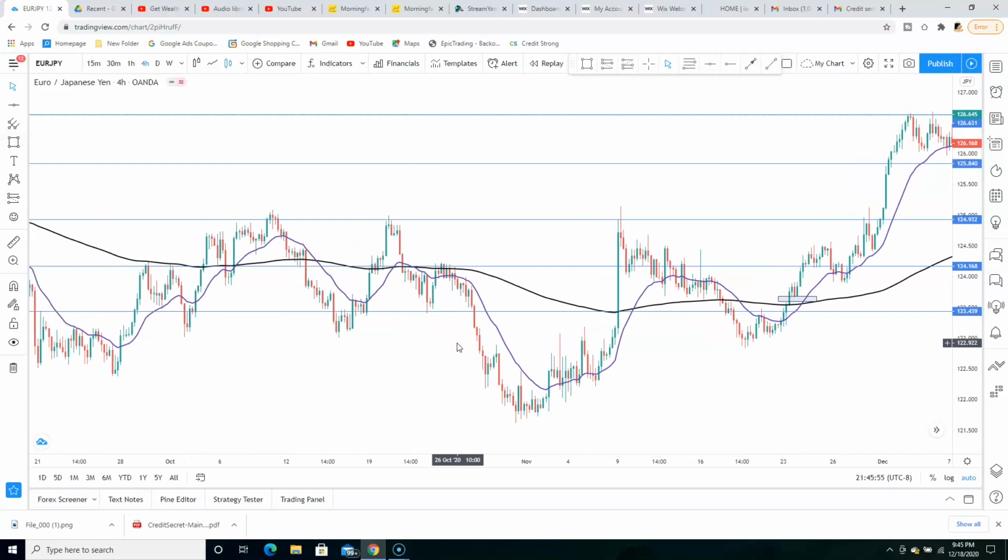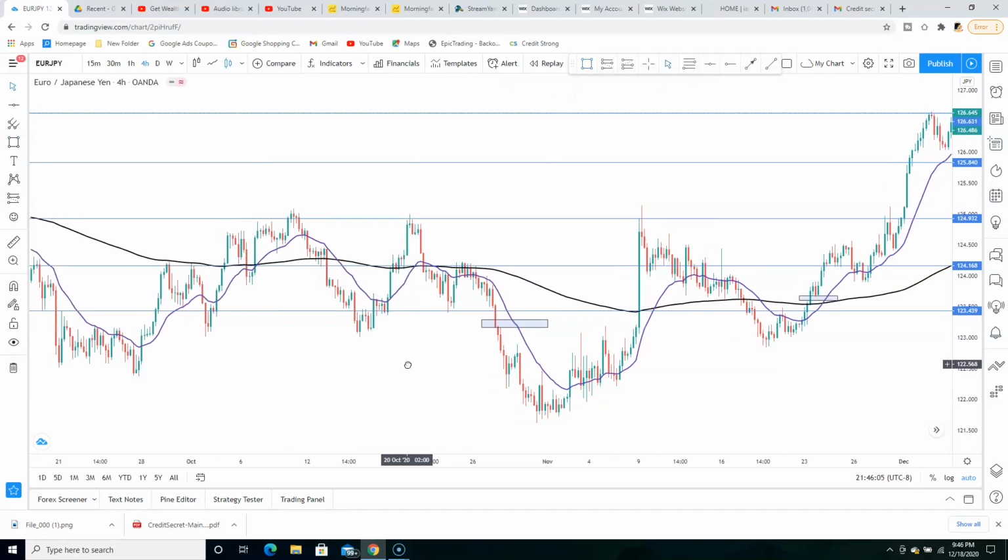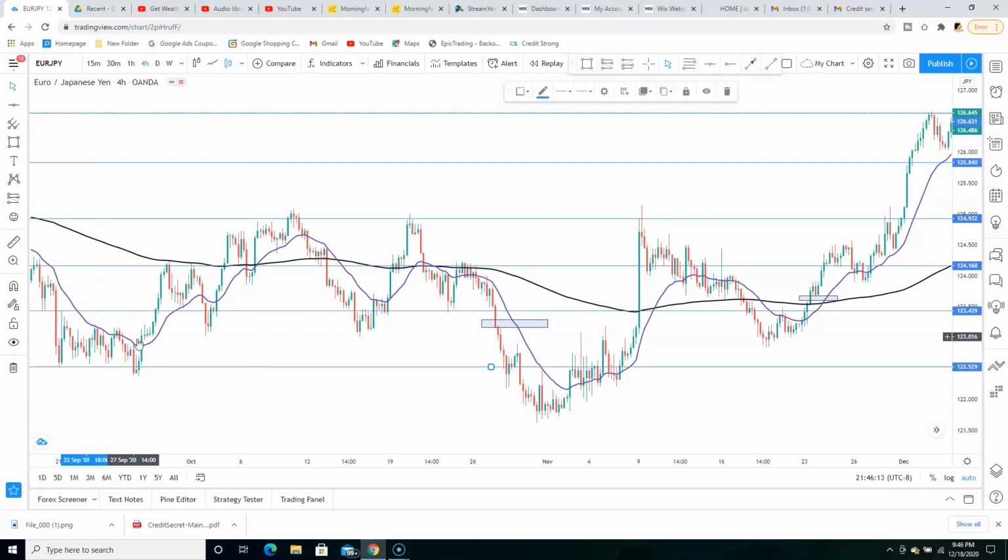So if you had got in the trade right here, where would your take profit be? Your take profit will be right here, because as we can see clearly, we have a support zone right here, and this zone would have been your TP1.